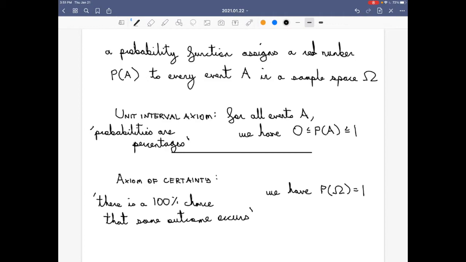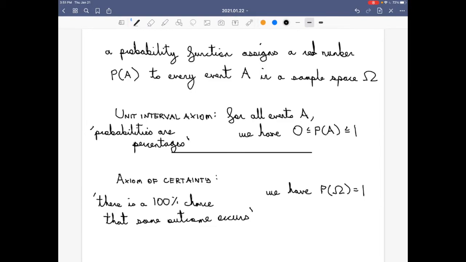It's some kind of mechanism which takes an event, any event you want in a sample space, as input to the question, what's the probability this event happens? And it outputs a mathematical answer to that question, which is a real number.